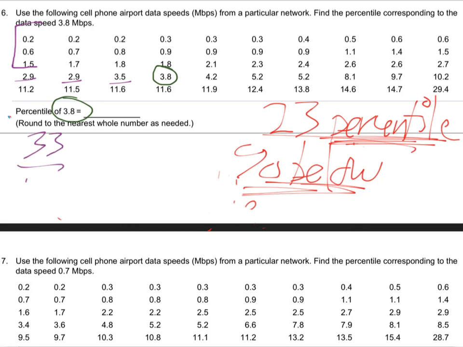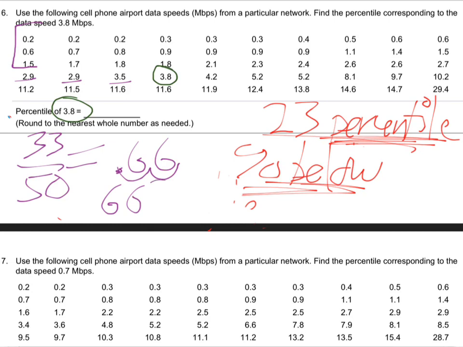So it's 33 out of 50. Does that make sense? Out of the 50 data speed times, 33 are below. So divide that in your calculator. You'll get 0.66, but we always have to change it to a percentage. How do you change that to a percentage?